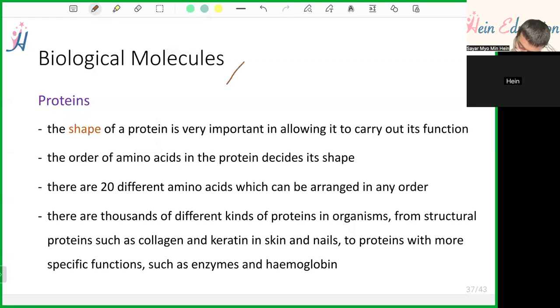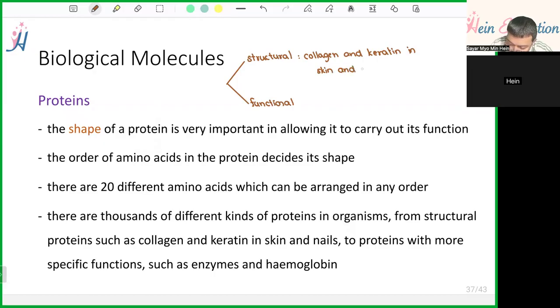As I mentioned before, protein can be subdivided into two groups. One is the structural proteins, and another is the functional proteins. For the structural proteins, it would be collagen and keratin, found in skin and nails.